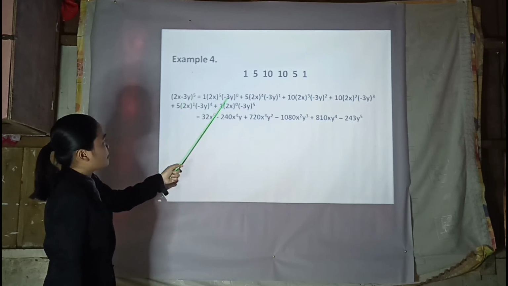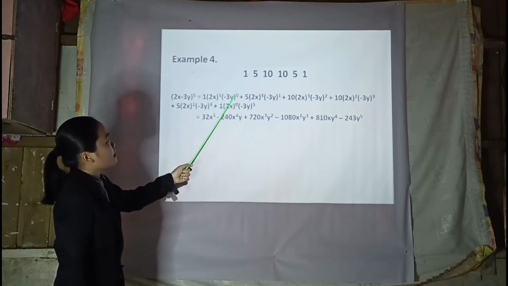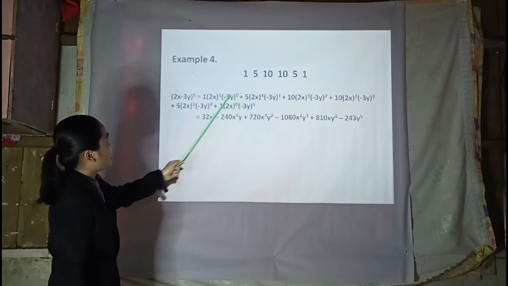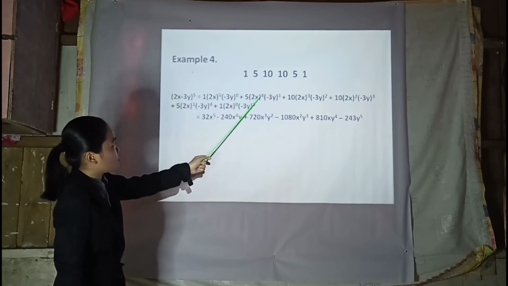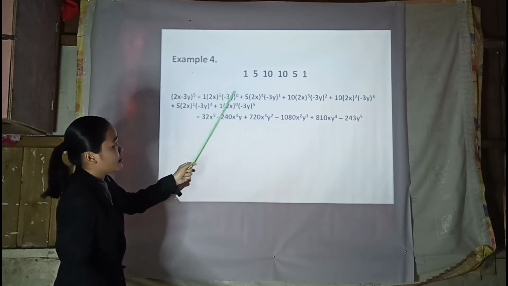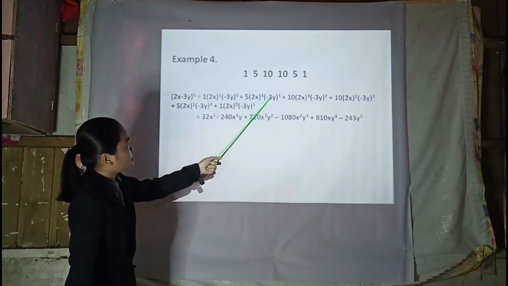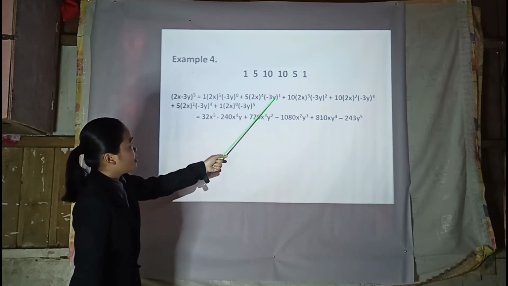So, we will distribute now 1 times the A, which is 2x raised to 5, times our B, negative 3y raised to 0, plus 5 times A, which is 2x raised to 4, because from 5 in the next term it will decrease, times negative 3y, which is our B, raised to 1.